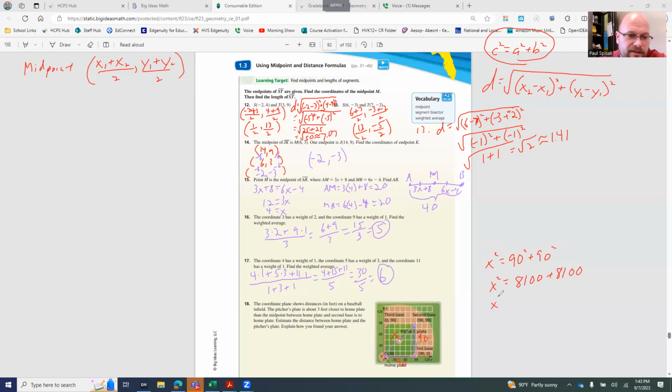Add those together, and we get 16,200. And now we need to take a square root. 16,200, do not know that one off the top of my head. So 16,200 gives us 127.27.